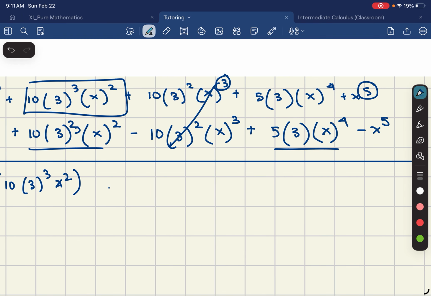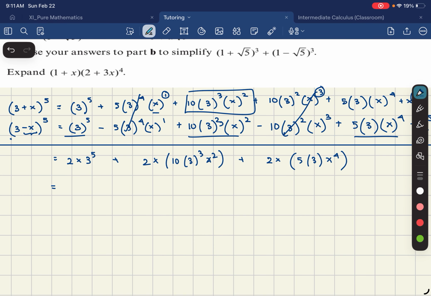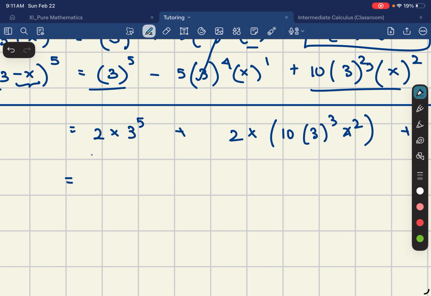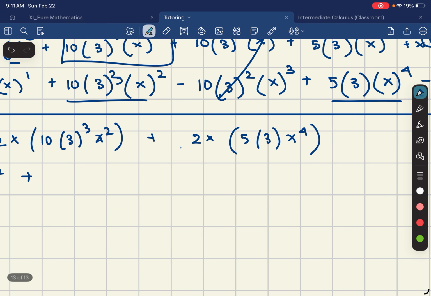And these cancel out, and finally I get 2 of 5, 3, x to the power 4. And the last thing cancels out as well. So 3 to the power 5 times 2 gives me 486, plus 270, that is going to be 540 x squared, plus finally this is going to be 1530 x to the power 4.